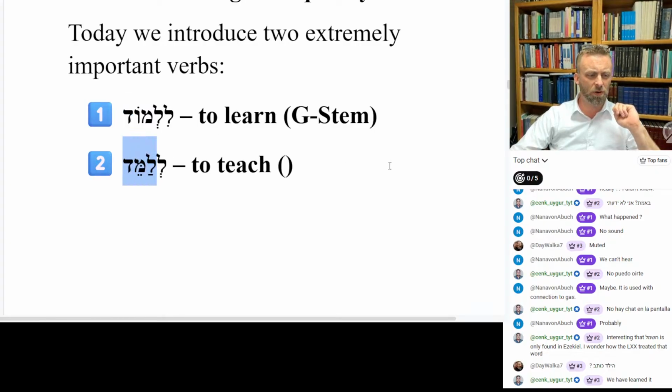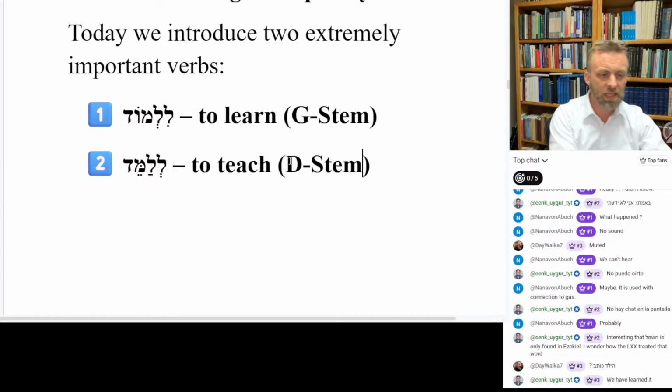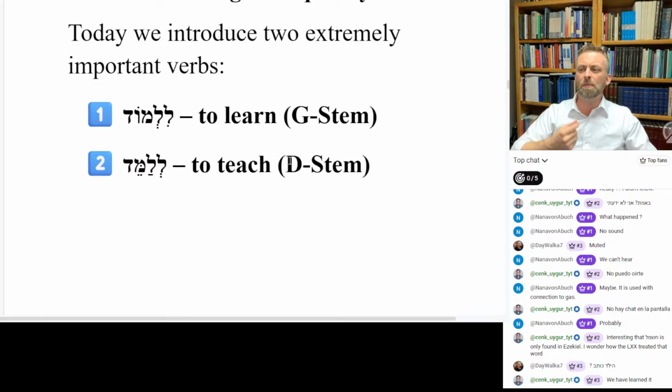But look at this verb here. We have the same root, lamed, mem, dalet. And when you put it in what we call here the D stem, it means to teach. So what is teaching? Teaching is making someone learn, at least in principle, right?